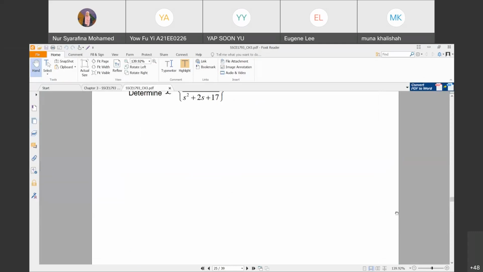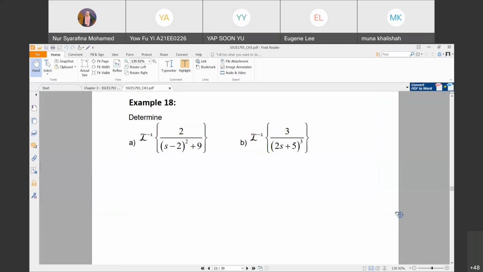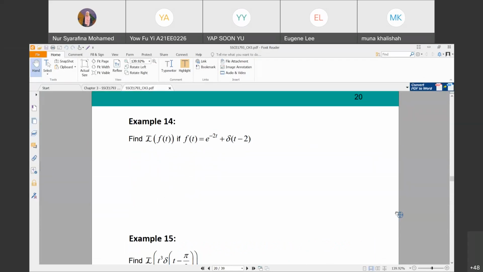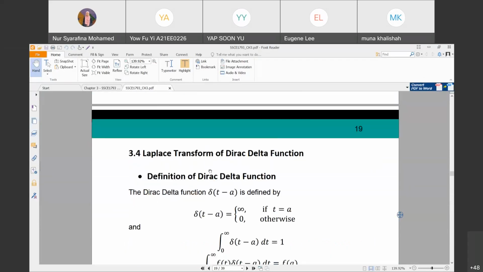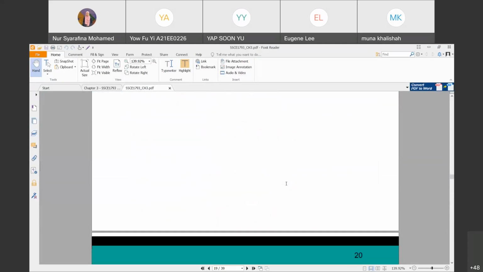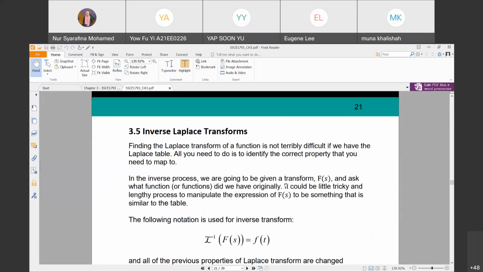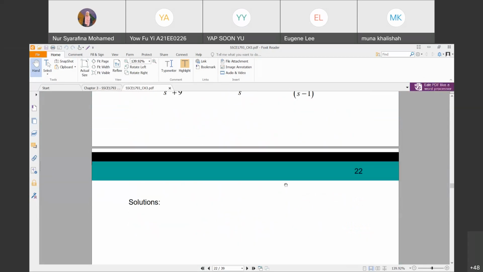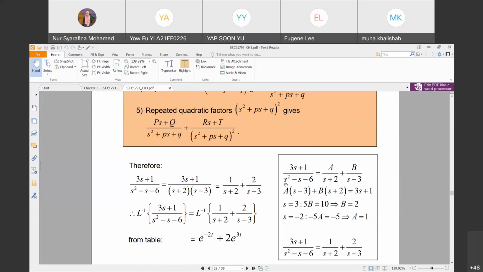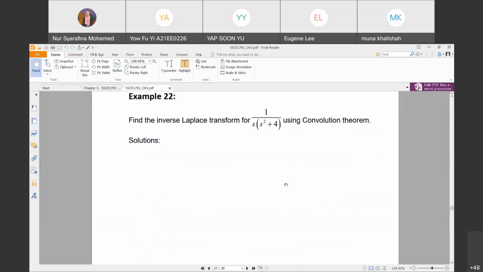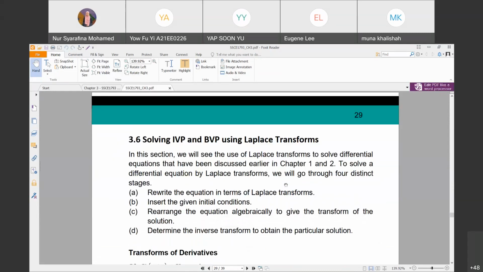Okay, just now we have done the Dirac delta function, and we have completed it. After this, we are going to learn about the inverse. How can we implement the inverse function? Once you know how to transform and inverse transform, only then can we solve the differential equation.